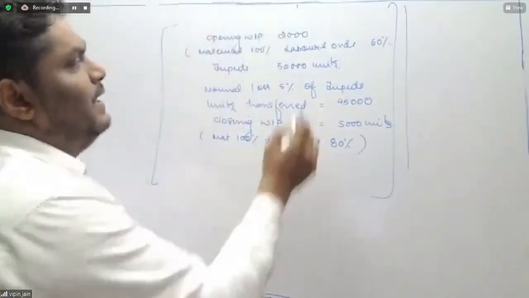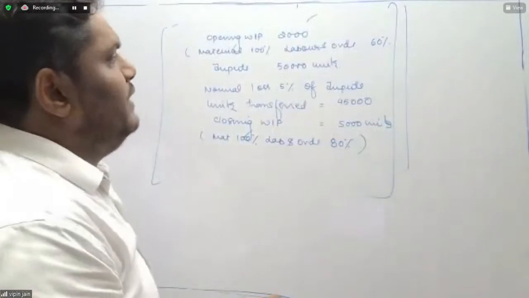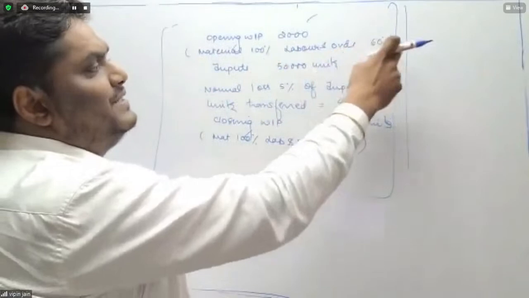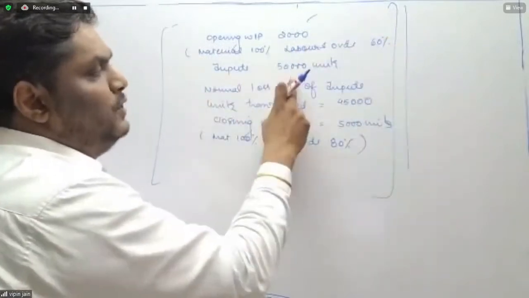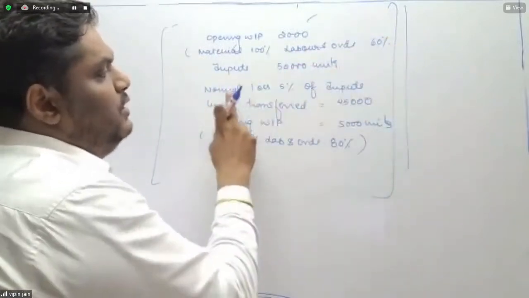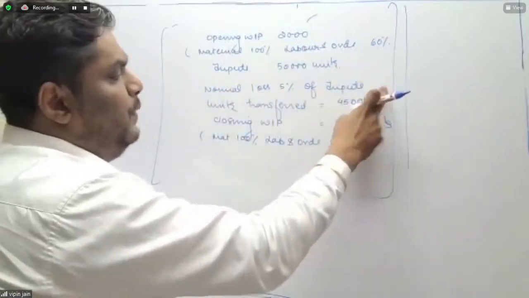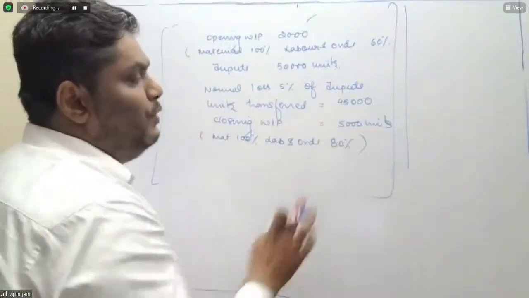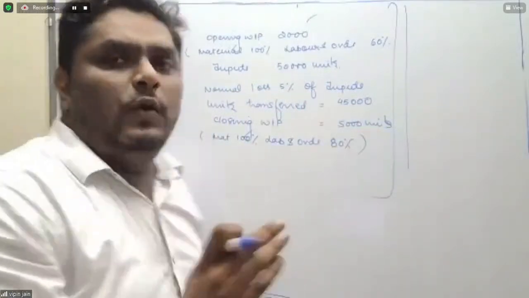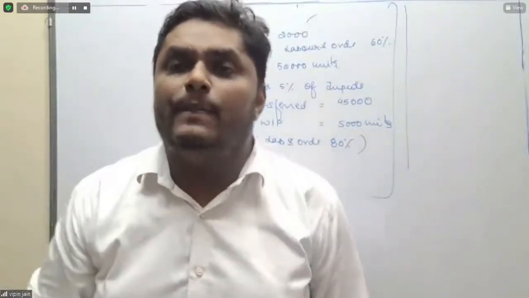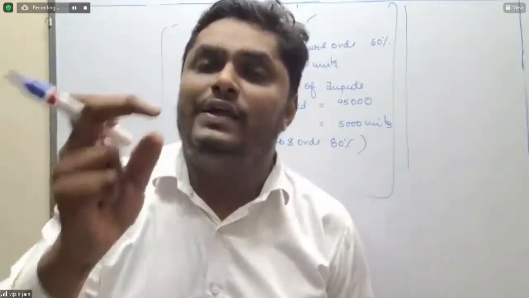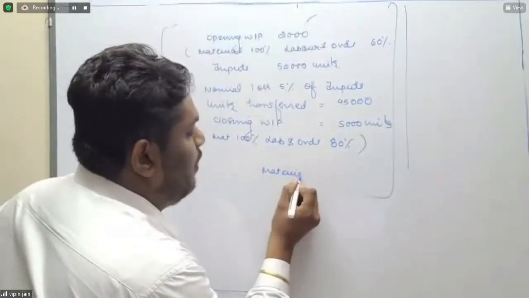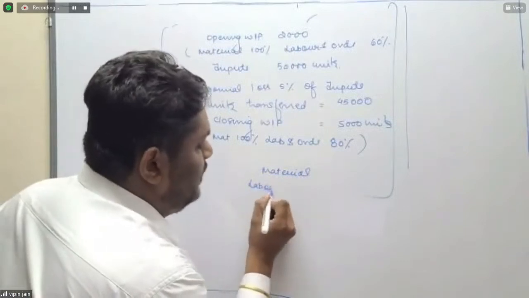I repeat again, the opening work in progress is 2,000 units. As far as material is concerned, it is 100% complete. Labor and overheads are 60% complete. The inputs made during the year are 50,000. The normal loss is 5% of input. The units transferred are 45,000 and the closing work in progress is 5,000 units. You have to prepare the statement of equivalent number of units and tell me the answer for material, labor and overheads.